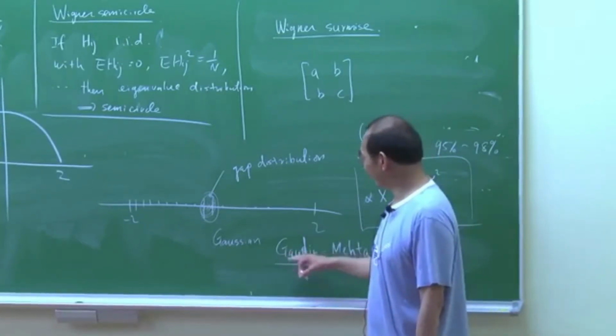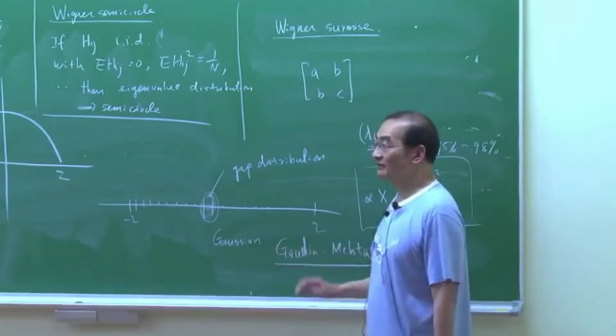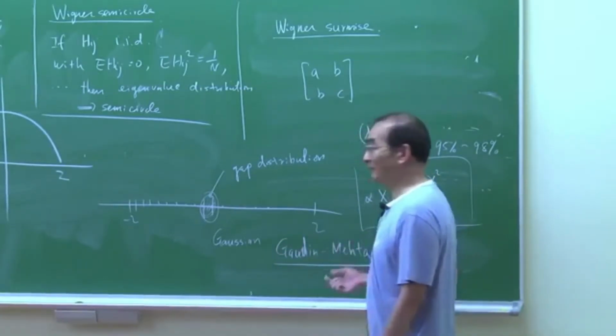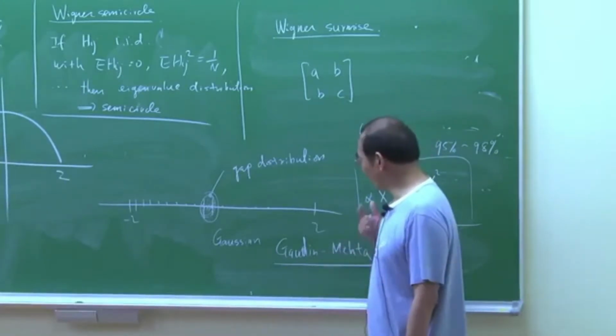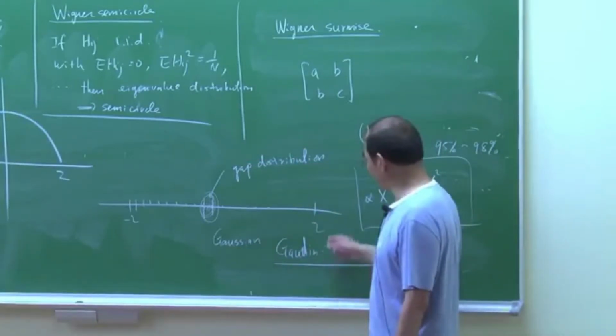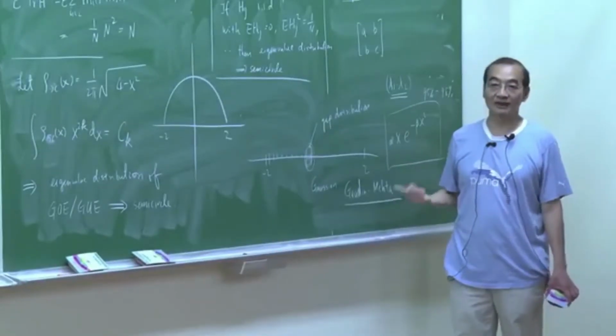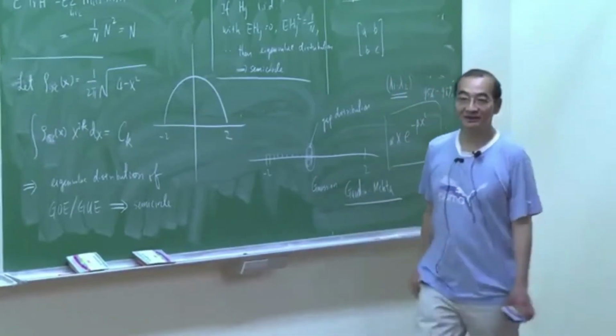He gave this thesis problem to Mehta, and then he left this field completely. On the other hand, Mehta based his whole career on random matrices, and he wrote a book on random matrices, this thick. So sometimes finding a good advisor is very important.